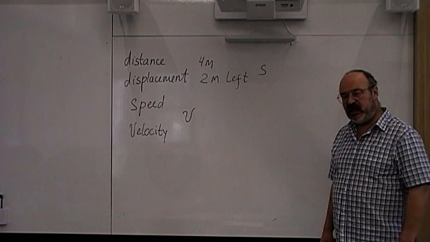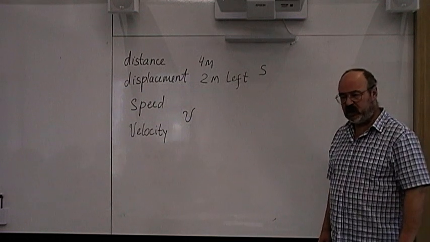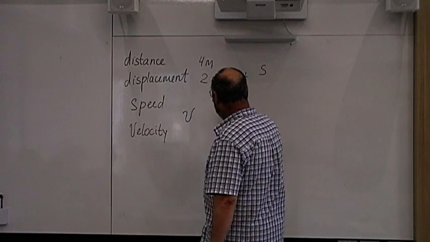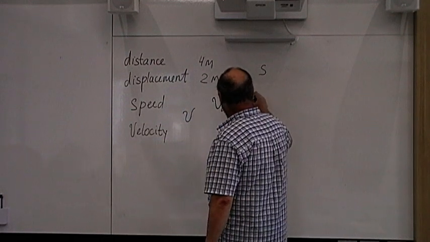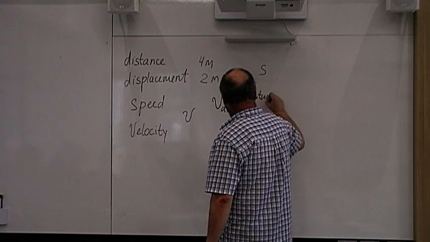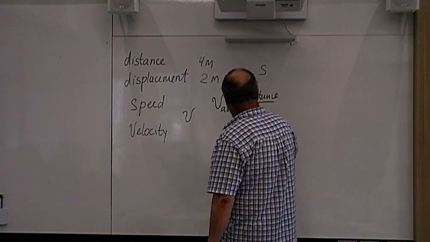And there can be average. Let's start with the average speed. Average speed equals total distance over total time taken.